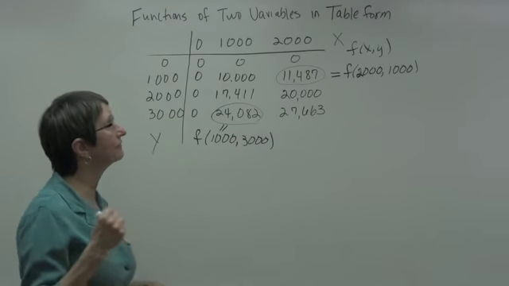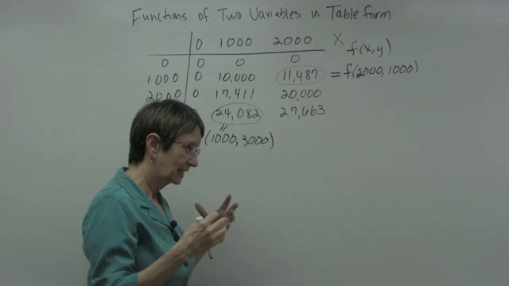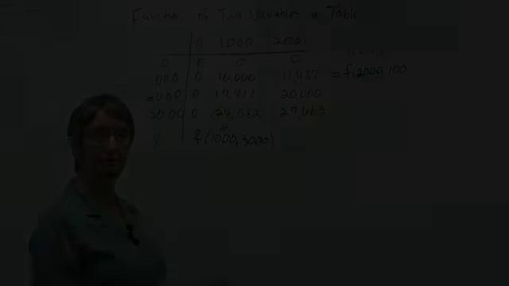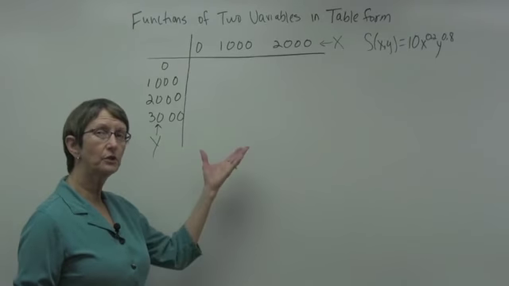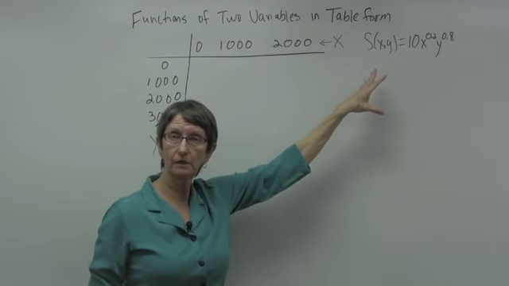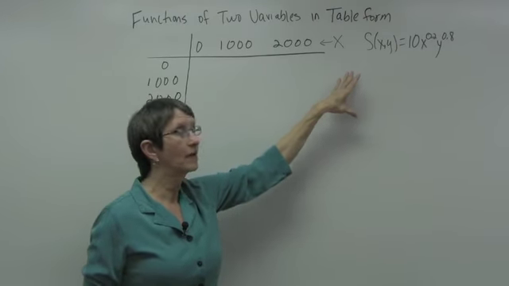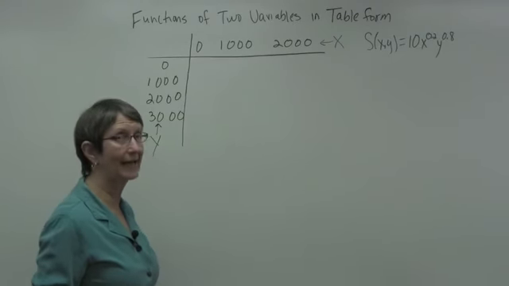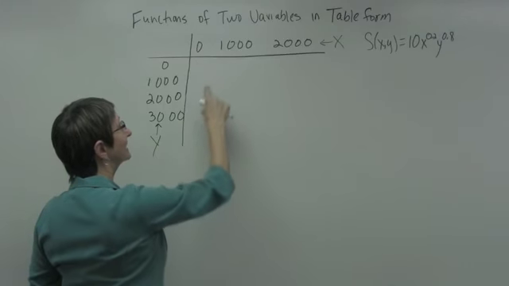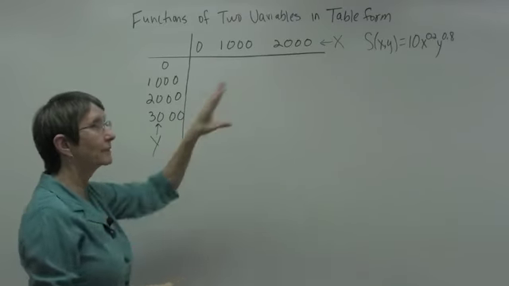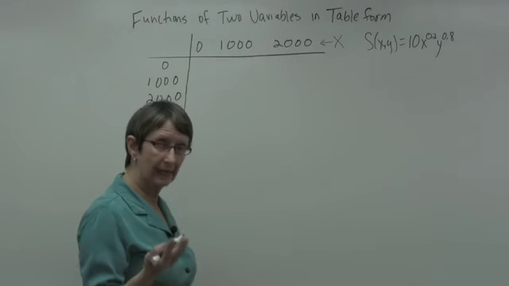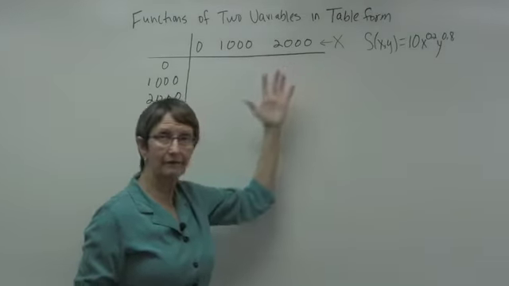Let's see if we can figure out how to actually create this table from the function that we saw before. What we want to do now is to create a table from a formula. This is the formula we've used before for the newspaper ads and television ads that create sales for a company. So I want to be able to fill in all the table by using that formula. Now, if you were going to do this in Excel, you would write the equal sign first for the formula.